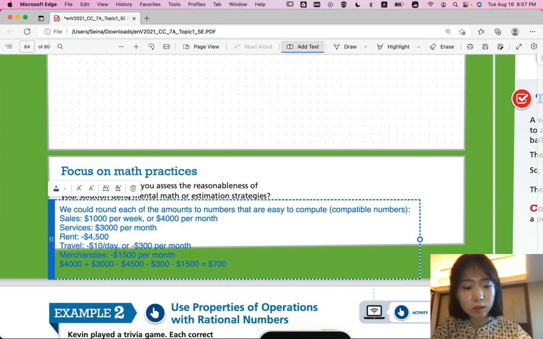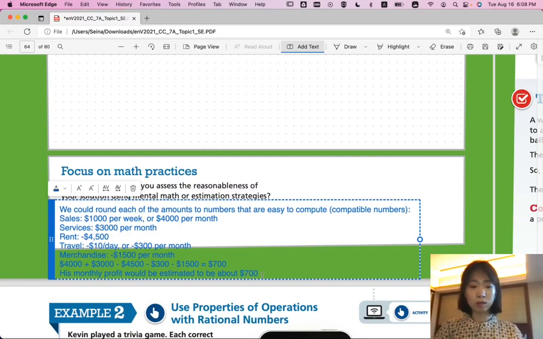So his monthly profit would be estimated to be about $700.